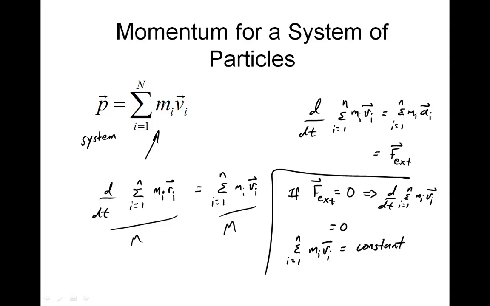Even if there's interaction between the system particles, if there's no external force, the net momentum of that system of particles will remain the same. Individual particles might change momentum, but the total momentum of the system will remain constant. Super, super important. But super important depends on this statement. This is only true if the net external force is equal to 0.